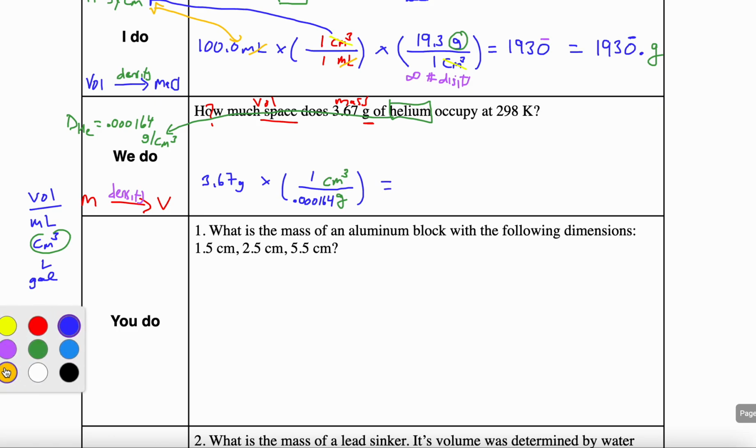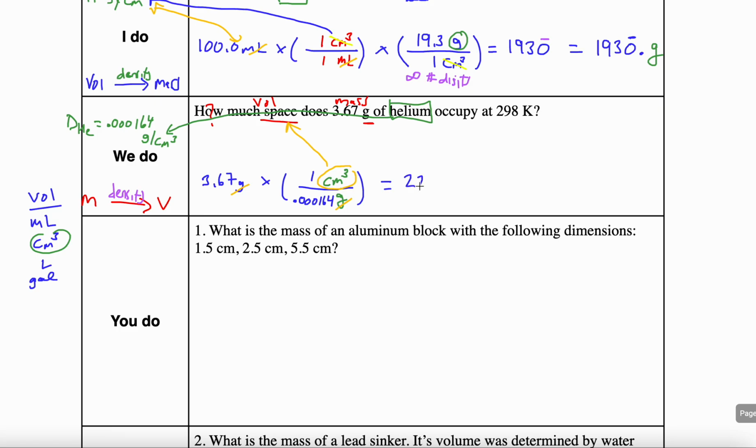So when I look at the units, grams times centimeters cubed divided by grams, gram upstairs, grams downstairs, they reduce to 1, cross them off. Here's the unit I'm left with, which is a legit unit for the amount of space or volume occupied. When I put this into the calculator, I get a pretty big number.